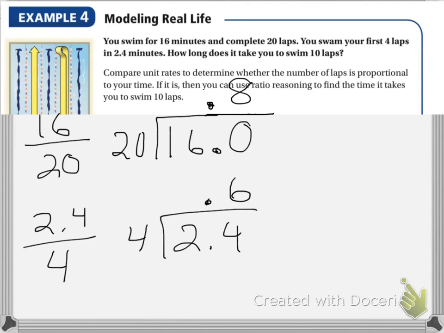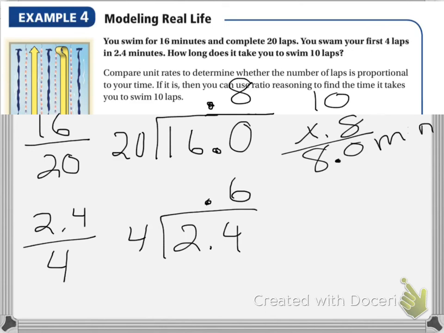But if we use our proportion of the first 4 laps, it only took 0.6 of a minute per lap. So I can try it both ways. For 10 laps at this rate, we can see that it will take 8 minutes to do your 10 laps.